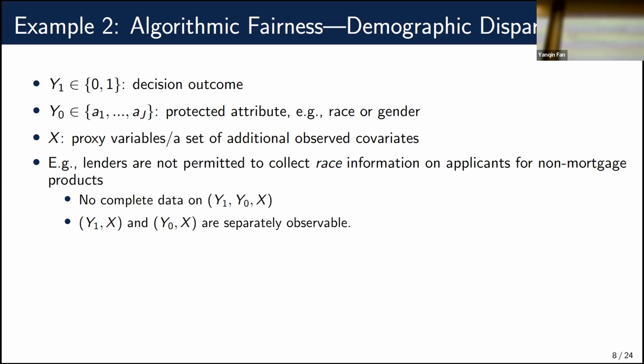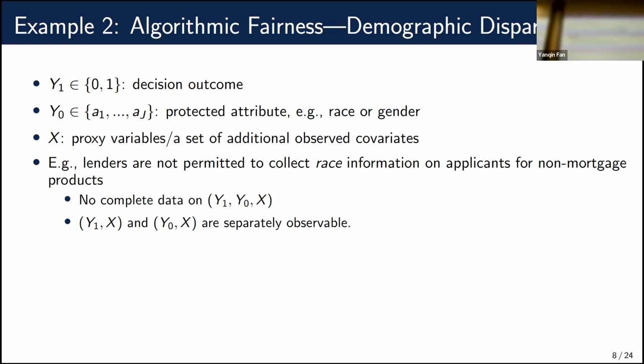So this decision could be made by humans or by machine. It doesn't really matter. So we have Y1 and Y0. Y0 denotes capital J classes or categories, and this is a sensitive variable, a protected attribute. Then X denotes just some other observable covariates or proxies.